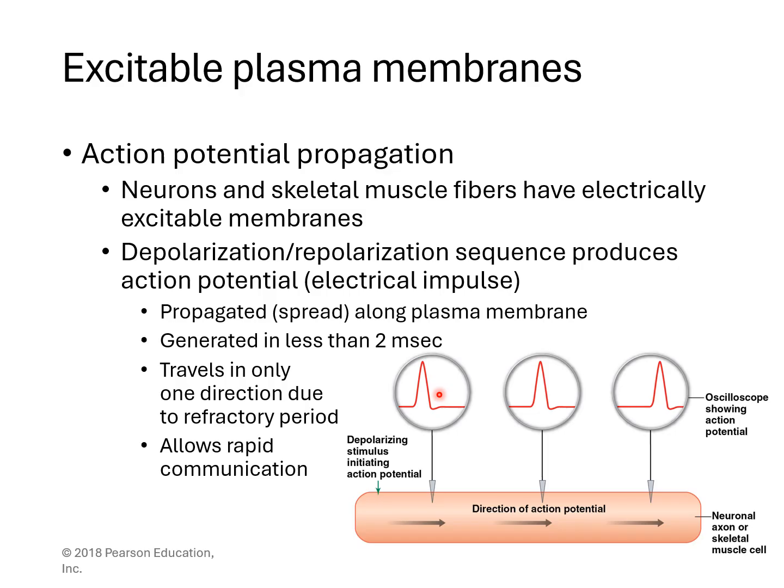It's good to see what's happening in this process. Sometimes listening isn't going to work for all students, but seeing an animated video, or somebody talking over an animated video, would be a better way to look at it. So they spread along the plasma membrane in only one direction.